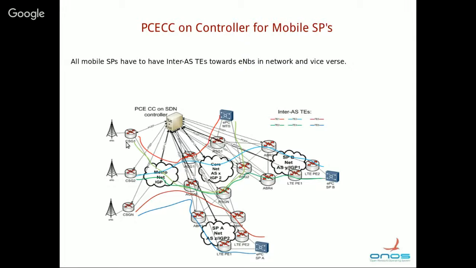Between the NodeBs and the other network, it has to pass through multiple areas or multiple networks or multiple ASes. Using PCECC, this can be achieved very easily. We can have multiple controllers with east-west communication as one way, or hierarchical controllers as the other solution. So this is also one of the use cases from the mobile network providers.